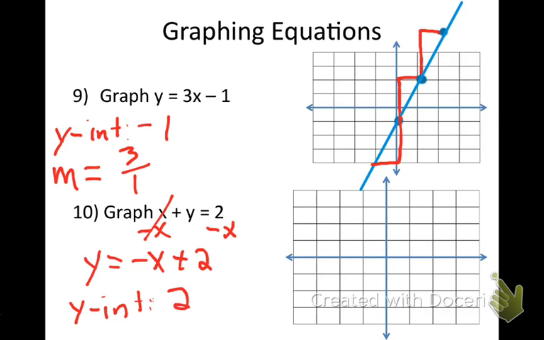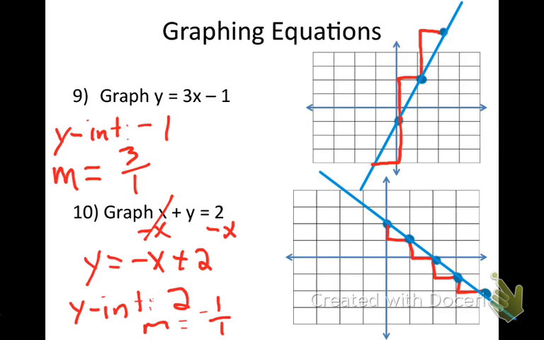Y-intercept would be 2, and then the x would be negative 1 over 1. There you go. So my slope is negative 1 over 1. So my y-intercept is 2. My slope, negative 1 over 1. So I'm going to go down 1 over 1, down 1 over 1, down 1 over 1, down 1 over 1. Plot my points. Connect them with my line. And I graph the line.